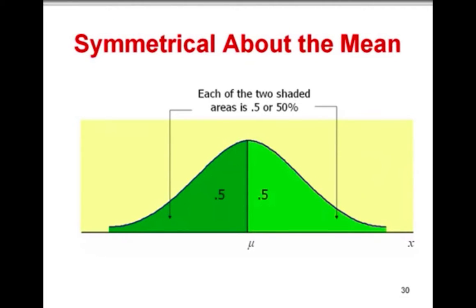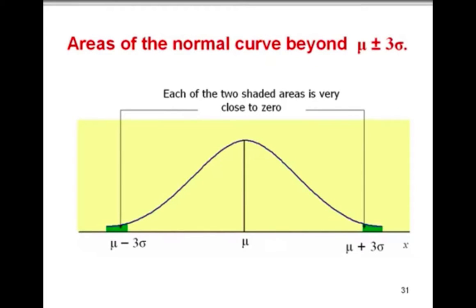This is split evenly into a 50% chance that the variable will be lower than the mean and a 50% chance that it will fall above the mean. Once we go beyond 3 standard deviations from the mean, the area is essentially 0, meaning that it is very unlikely an observation will be more than 3 standard deviations from the mean.